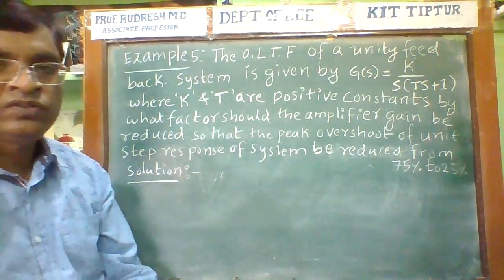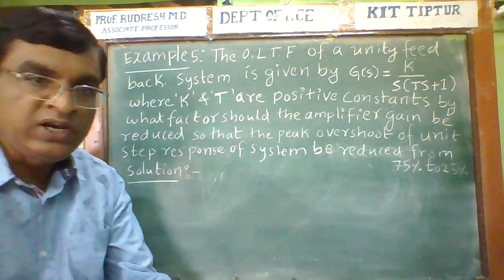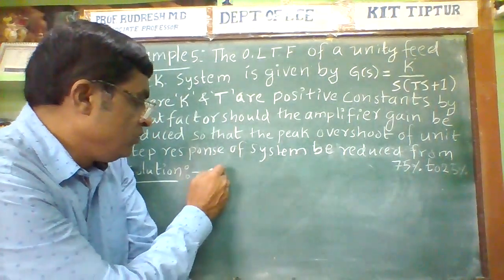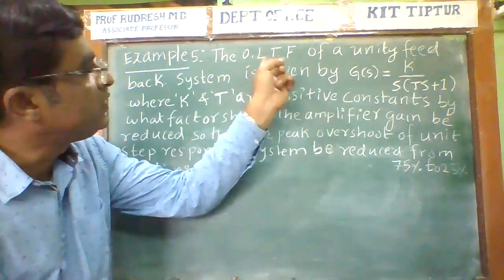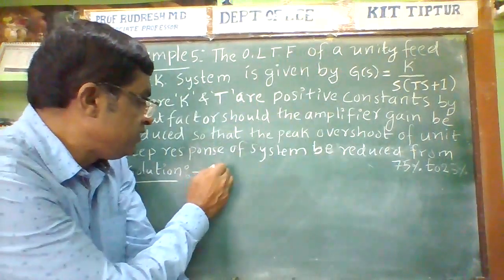So here, the given open loop transfer function of a unity feedback system is the OLTF.